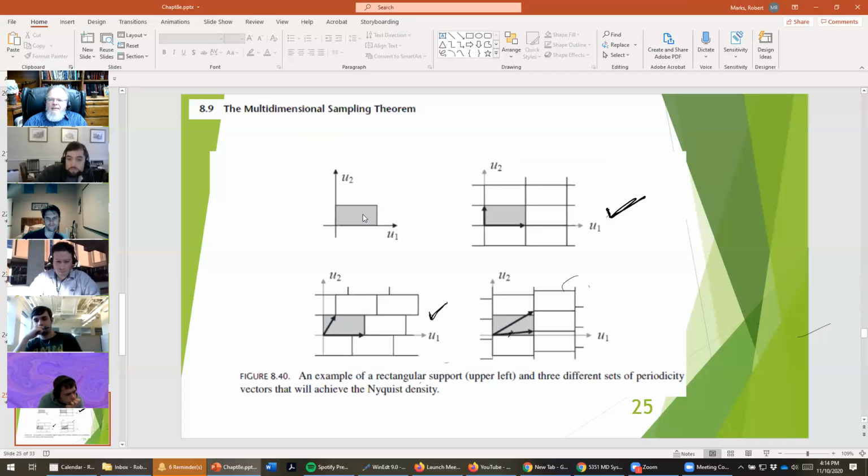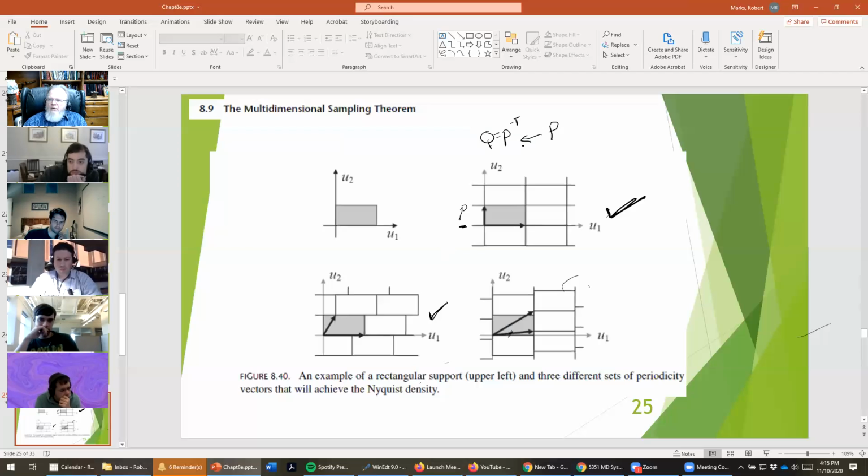Now what's interesting is that each one of those is a possible replication that we can use. Now what does this tell us? This tells us a value of P. And from the P, we can get the sampling matrix, right? From this value of P, we can get the sampling matrix.